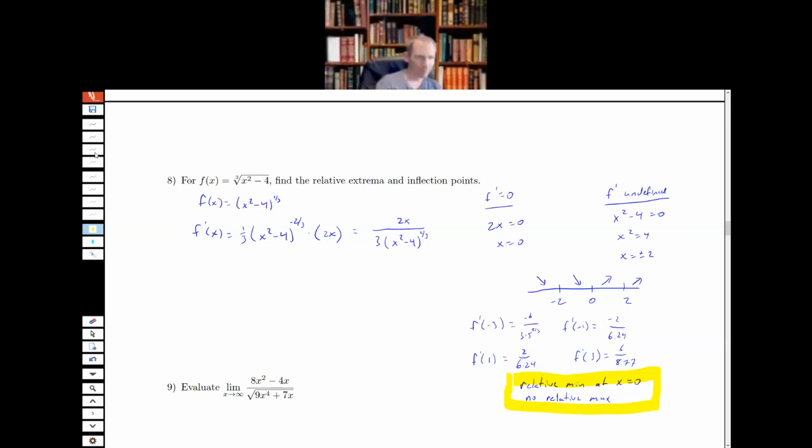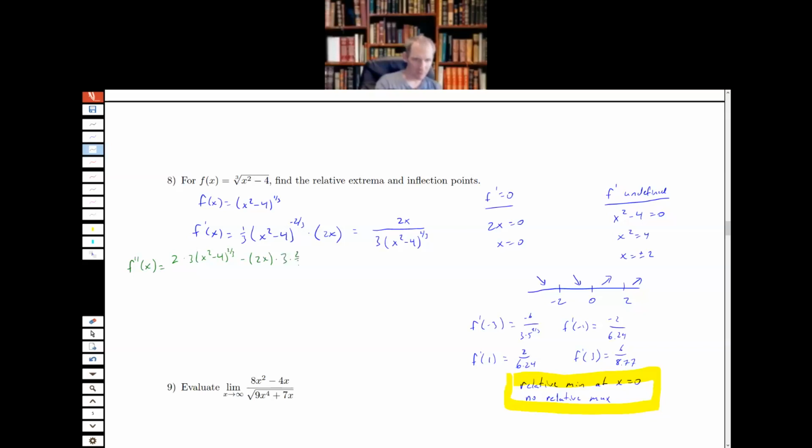All right. Now let's look at a second derivative. So I have this simplified first derivative. To find my second derivative, I'm going to use the quotient rule. So we have the derivative of the top times the bottom left alone, minus the top times the derivative of the bottom.